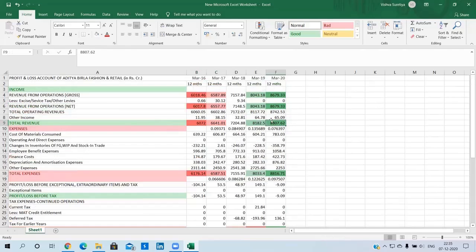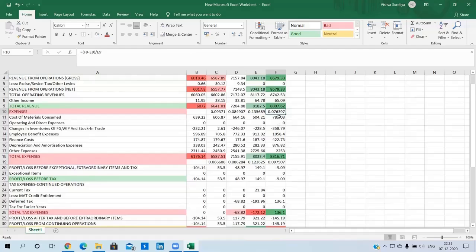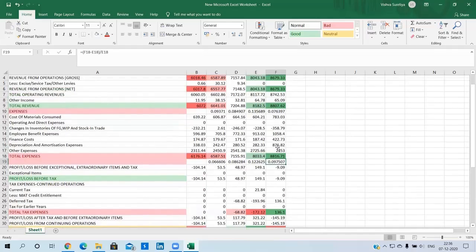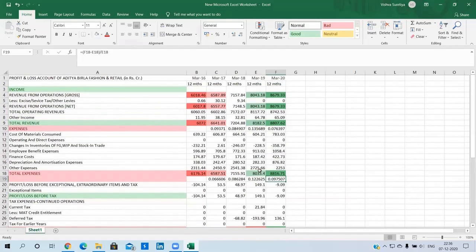The growth from March 19 to March 20, that is present year minus past year divided by past year, is 0.076 for their revenue, but their expenses are 0.097. So you can see here that the growth of the revenue is less compared to the growth of their expenses, hence their expenses are more compared to the past data.